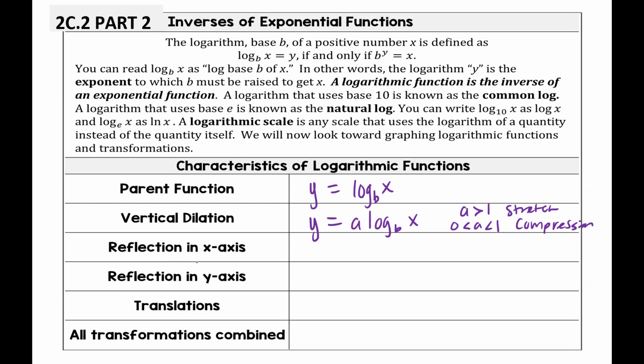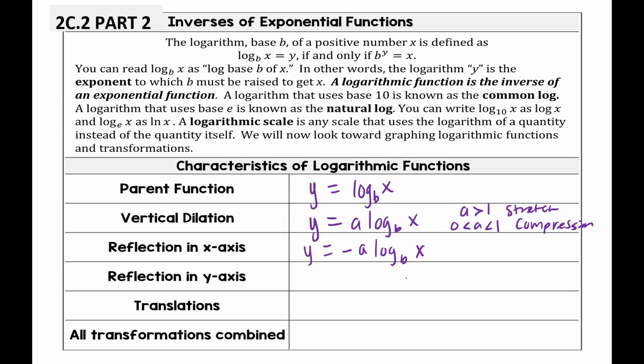Reflection in the x-axis. If it's a reflection in the x-axis, meaning that you're going to reflect over the x-axis, that means your a is negative. Okay, a reflection in the y-axis.